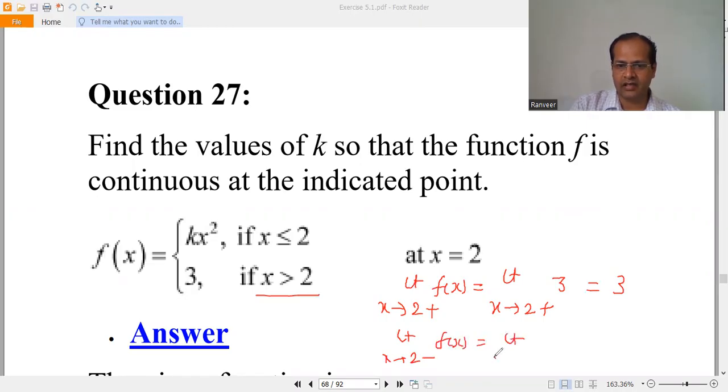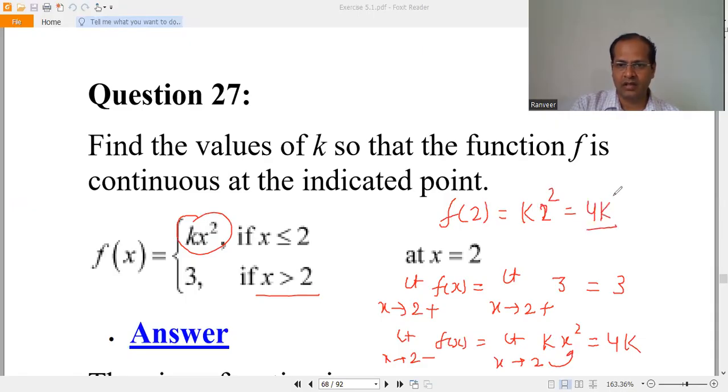Now limit x tending to 2 minus f(x). The function definition is k into x square, so we just have to substitute the value of x. This is 4k. And we know f of 2, if we have to find it, is nothing but k into 2 square, which is 4k.